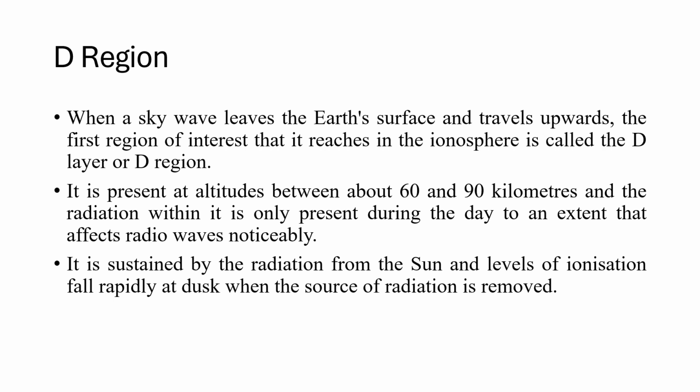The radiation within it is only present during the day to an extent, and it affects the radio waves noticeably. It is sustained by the radiation from the sun, and levels of ionization fall rapidly at dusk when the source of radiation is removed.